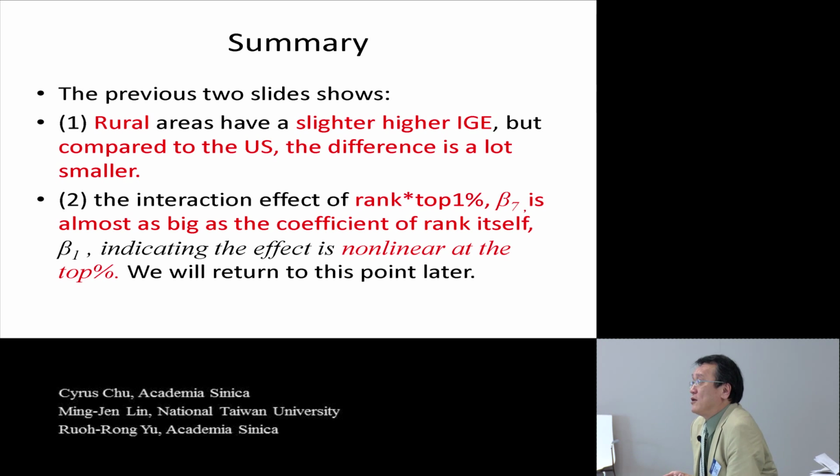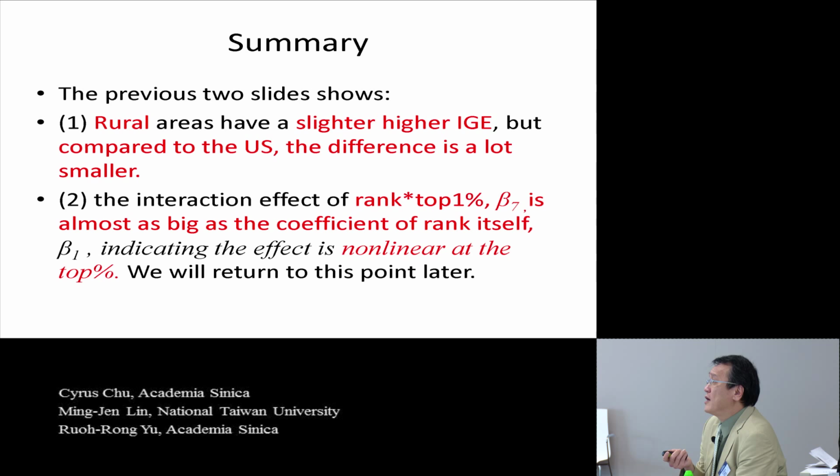So in this part, we tend to conclude that rural areas have a slightly higher IGE, but the difference is a lot smaller compared with the United States. As you can see, the difference here is not that significant, but the United States has a large difference.